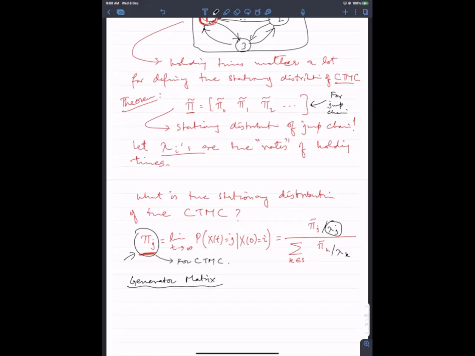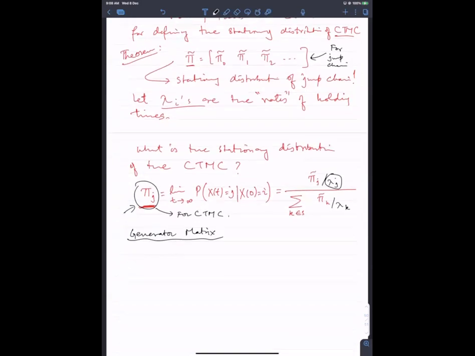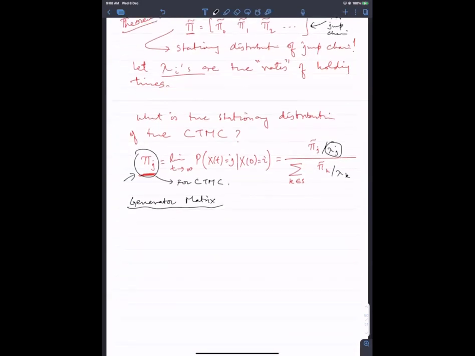Okay. Now I'm going to use this generator matrix notation, जिसको use करके आप फिर stationary distribution निकाल सकते हैं. Okay. So I'm going to define a generator matrix.